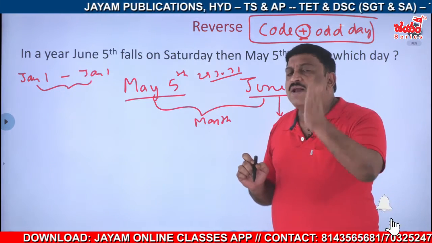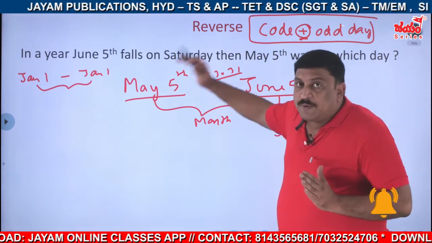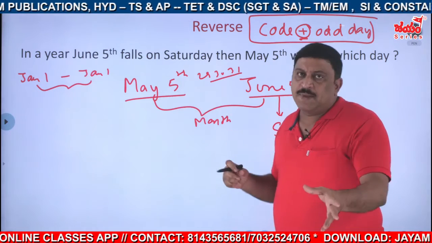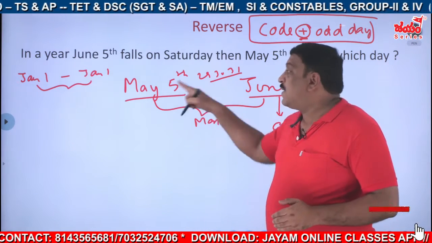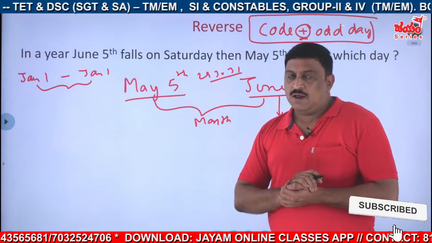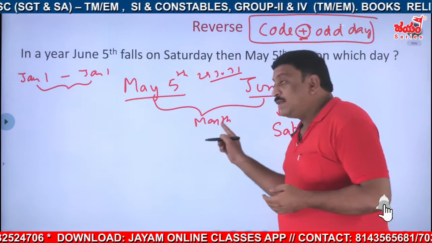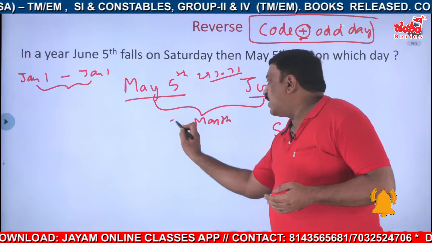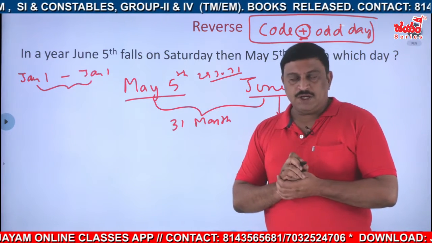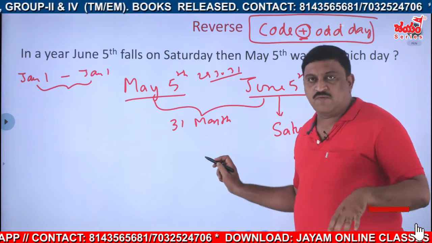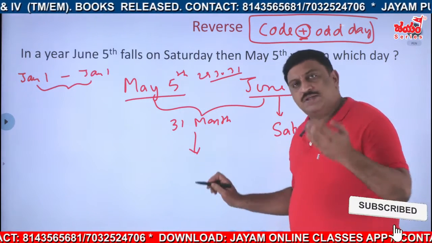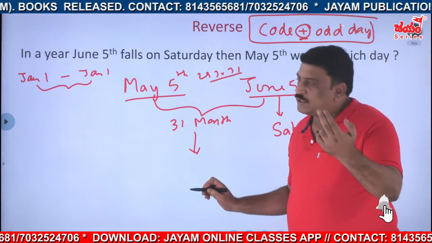So, out of these two, we will consider the previous month as the base. That is, 31 days or 30 days is decided by the previous month. Clear? So, this month is a 31 days month. If this is a 31 days month, how many odd days will be there? 31 divided by 7, so it is 3 odd days.